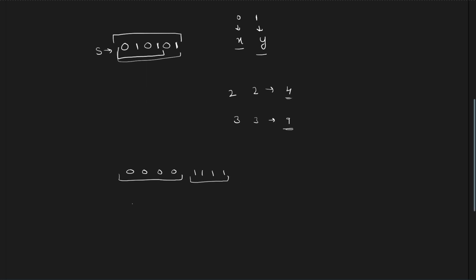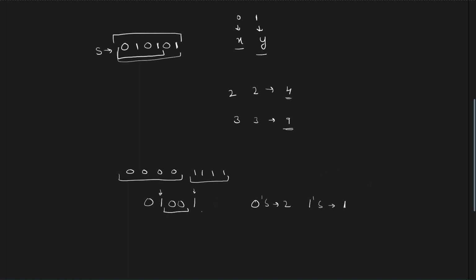For example, if I have 0 1 0 0 1, so here the longest contiguous sequence of zeros is of size 2 and the longest contiguous sequence of ones is of size 1, right? Because there are two zeros present together here and one is present only a single time every time we see it, right? So we can just take the longest contiguous sequence of either zeros or ones and we can save it.